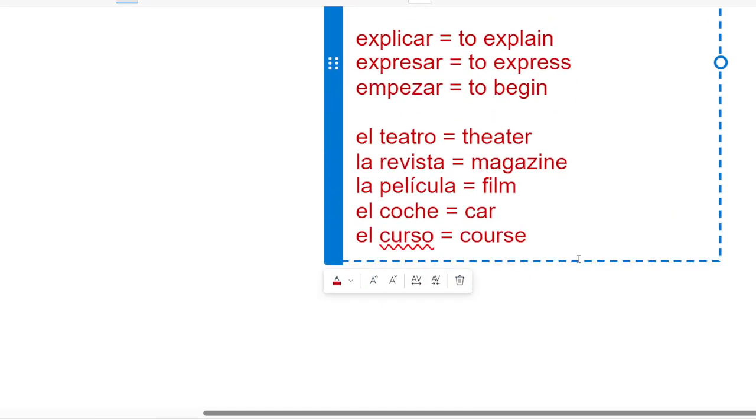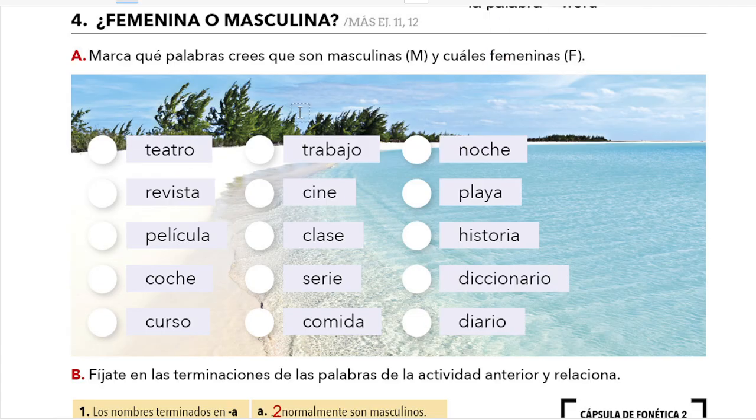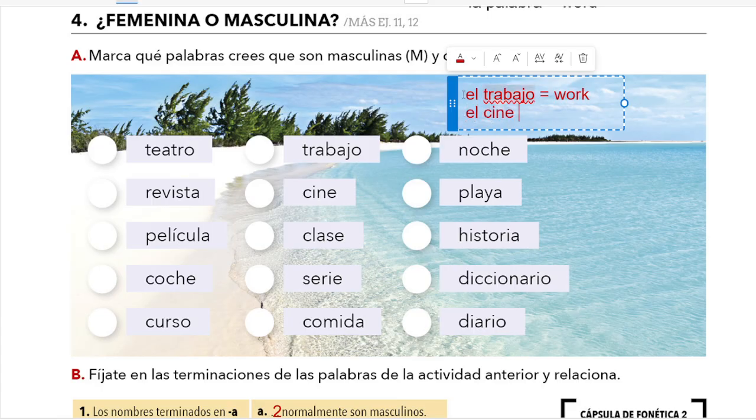El teatro, la revista, la película, el coche, el curso. Yeah, then we have el trabajo is work. Now, cine we did, el cine is cinema.